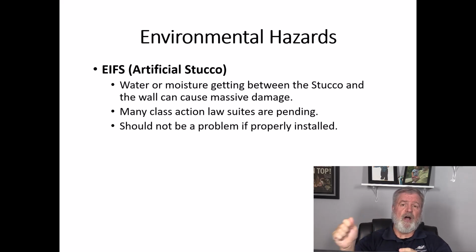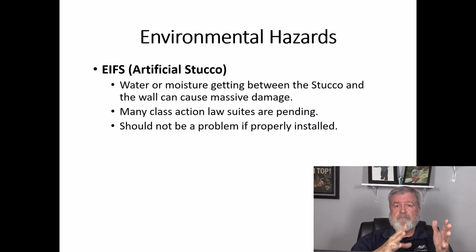Stucco is typically just concrete that they spread all over the exterior of the house. This EIFS is more of a synthetic material. We've been having a lot of problems in many states, not every state, but a lot of states are having issues with this type of material, because if it's not installed properly, you could have some major damage to the property.